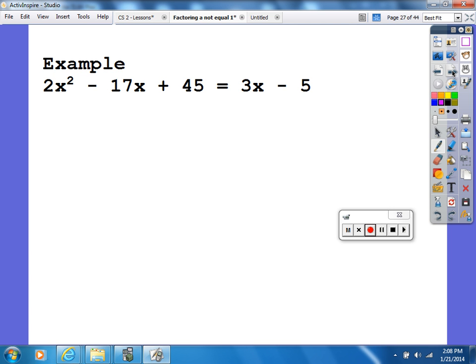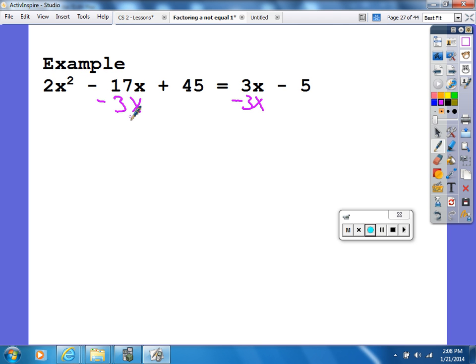How would I get this equal to 0? Give me one step. Somebody raise your hand. Okay, you're right. Can you tell me how to move just that piece over? Right. Okay, now I'm going to come back.